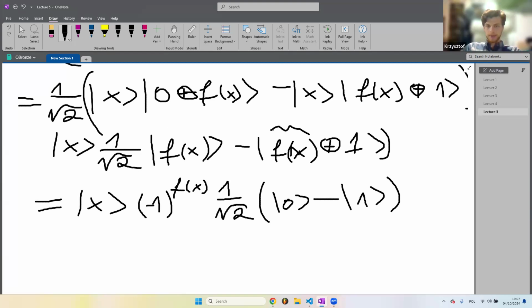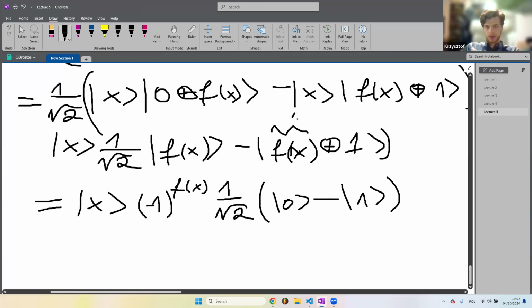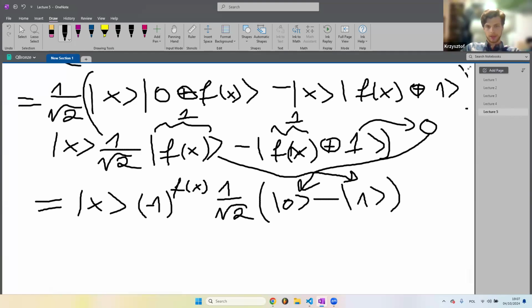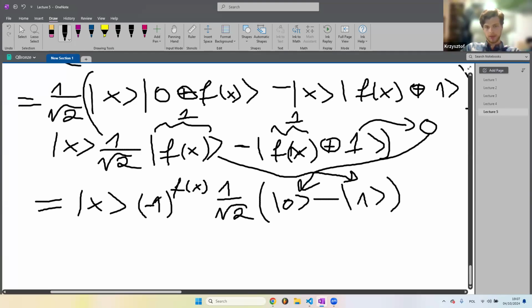But if the f of x is 1, this state will become 1, and this state, 1 plus 1 in binary, is 0. So this is 0, and now you see that the 0 comes with the negative sign, so that's why we have a minus 1 in front of that.